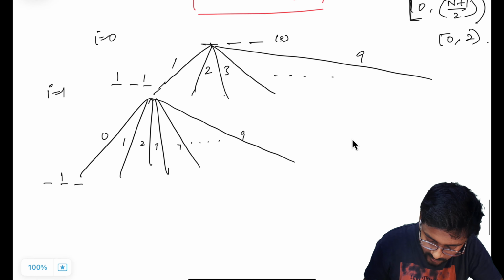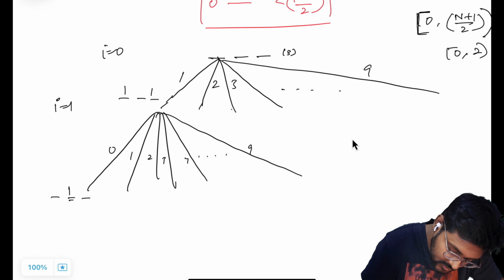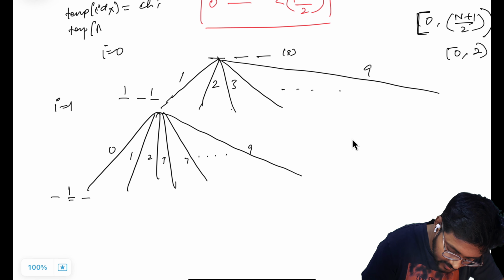So index 1 from starting and index 1 from ending will be the same element. Or with a formula, what will the formula be? So let's say our temp of idx is equal to digit, where digit is a character. So temp of n minus 1 minus idx.